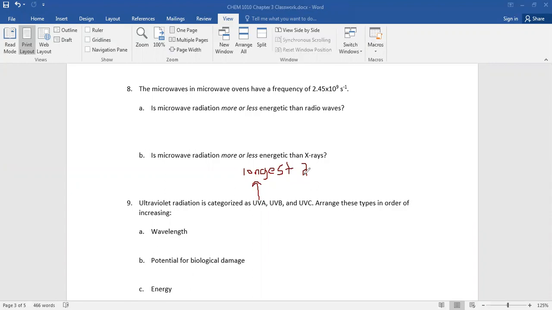UVB radiation's wavelength is in the middle. UVC has the shortest wavelength. So arranging them in order of increasing wavelength, UVC is shorter wavelength than UVB, which has a shorter wavelength than UVA.